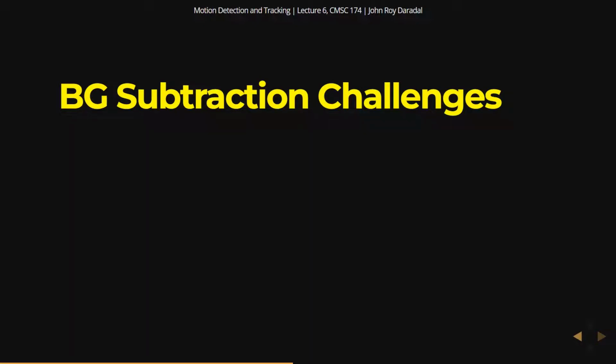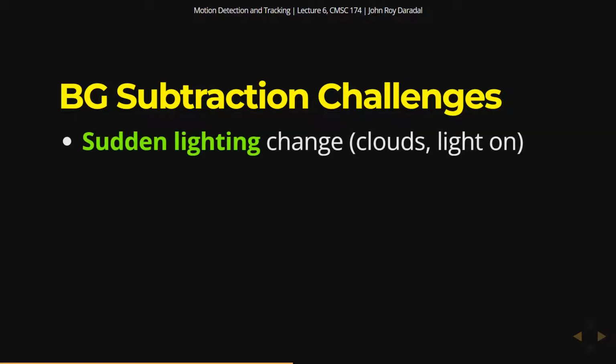Now all of them have this set of challenges or problems, especially when we're doing background subtraction. No matter what model, we usually encounter these challenges. First is sudden lighting change. What do I mean by this?